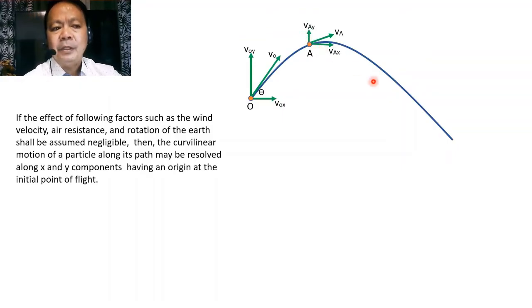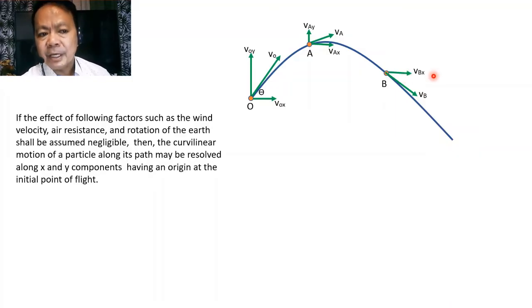Ganun din, if this particle will be found at another position, say for example at point B, na kung saan ang kanyang velocity ay defined here by v sub b, then this velocity can also be resolved into x and y components so that you have v sub b sub x and v sub b sub y.